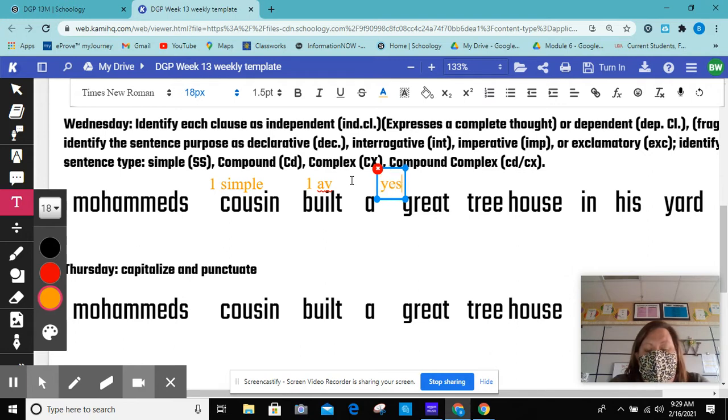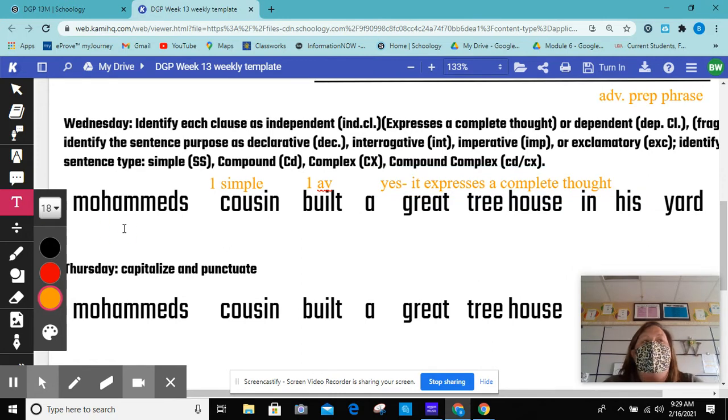All right, yes, it expresses a complete thought. Now, one subject, one verb, and one complete thought gives us what type of sentence? A simple sentence, a compound sentence, a complex sentence, or a compound complex sentence? Simple sentence. All right, it gives us a simple sentence, okay?